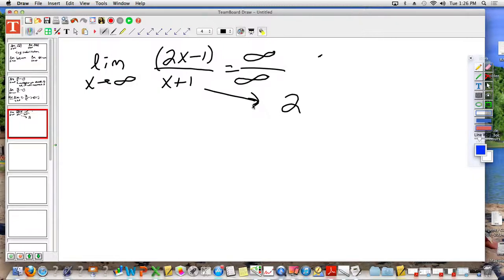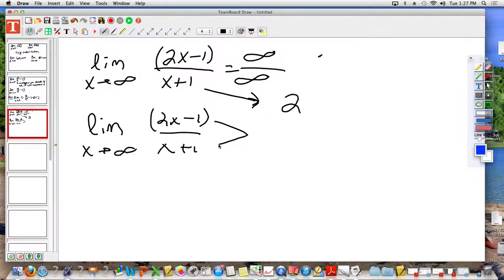So you take your limit as x approaches infinity of 2x minus 1 over x plus 1. When you get an infinity divided by an infinity, this is what you are going to need to do.